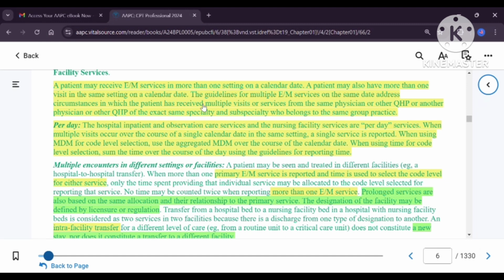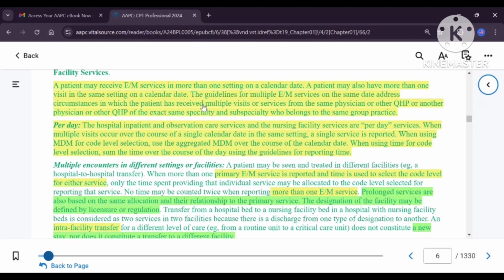For the first service, you have to report an emergency room code, and along with that, you have to use modifier 25. Then after that, you have to report the inpatient service code also, but without modifier 25. Why have we given modifier 25 to the first emergency room service? Because on the same day, 2 separate and significant E&M services are given, so we have to use modifier 25.